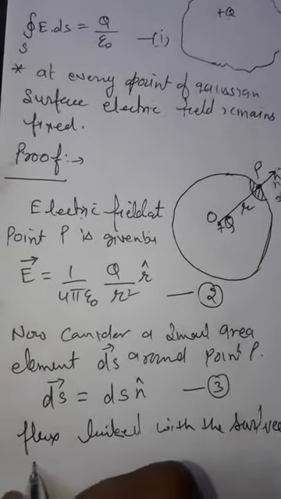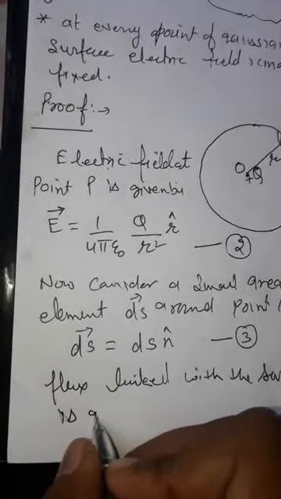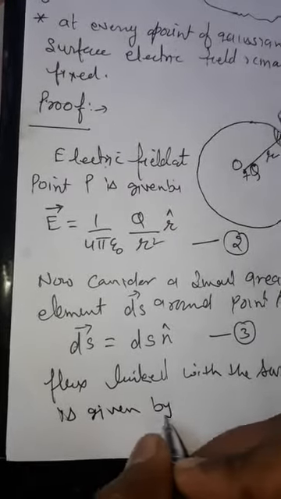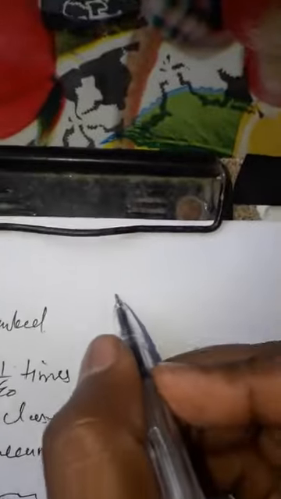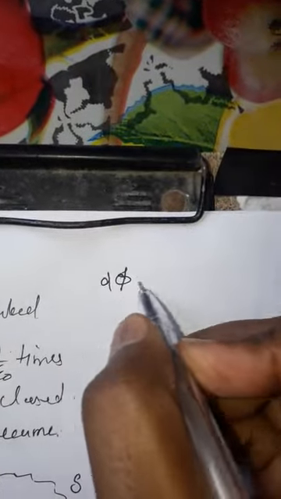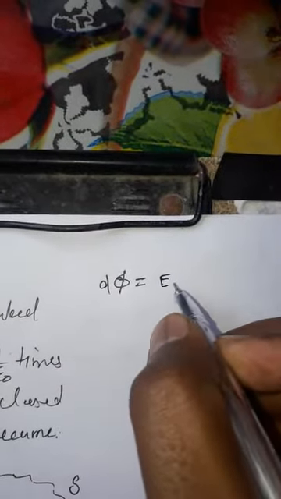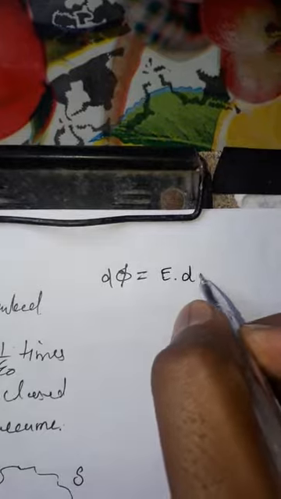We consider a small area, so that the flux linked with this area is d phi, which is equal to the product of electric field and the area vector.